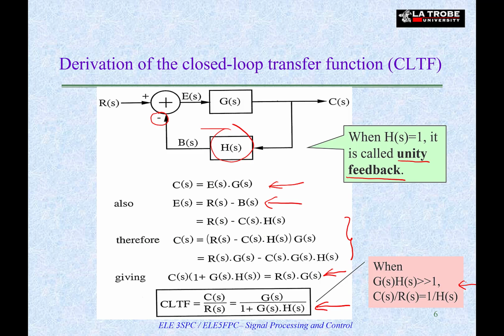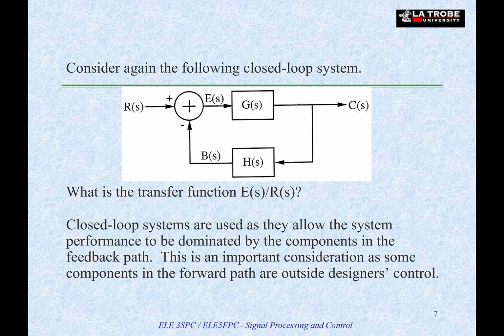That is, the relationship between the input and output is mainly defined by H(s), which is the feedback loop component. And this is an important attribute of a feedback control system.